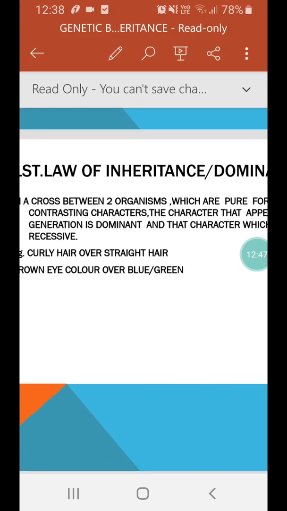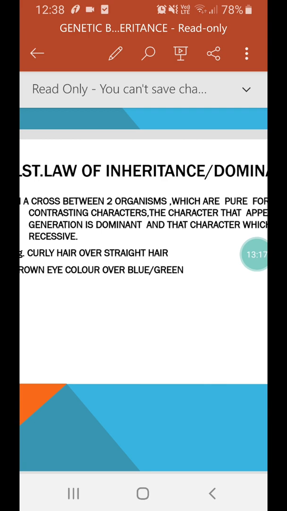So it is a cross between organisms pure for any one pair or pairs of contrasting characteristics, and the character that appears in the F1 generation is called dominant, and the one which is suppressed, means which is not expressed in the F1 generation, is called recessive.